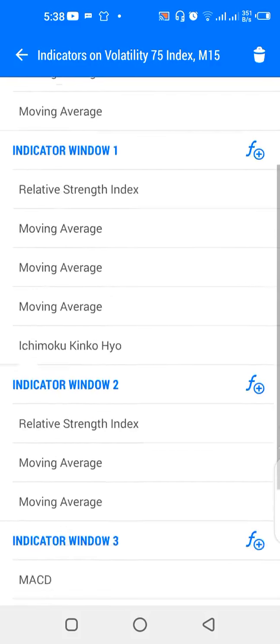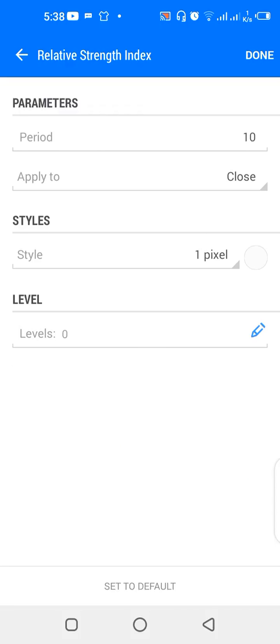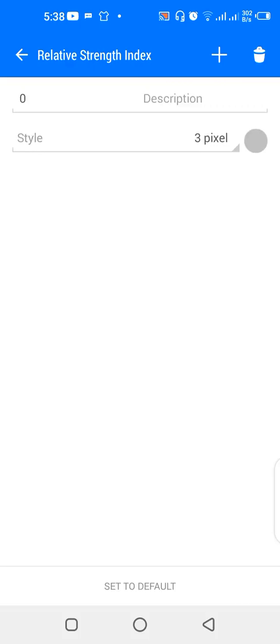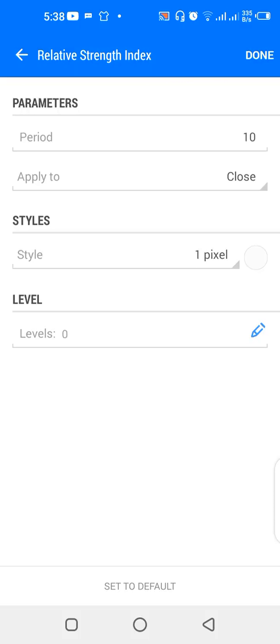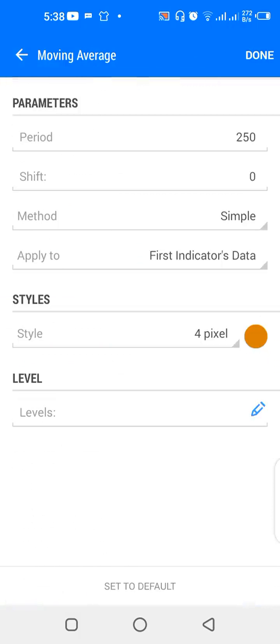Okay, so for indicator window 2, we have relative strength index, and these are the settings. The period is 10, apply to close. Okay, then the levels, we have 0 level. Still on indicator window 2, we have moving averages.